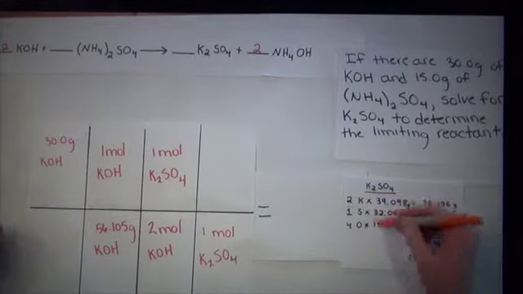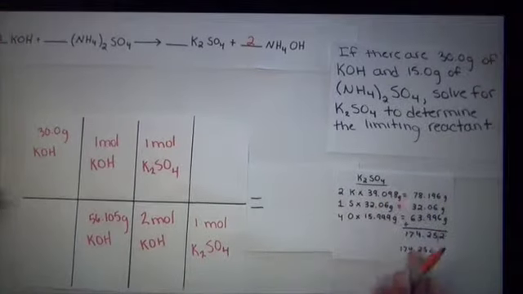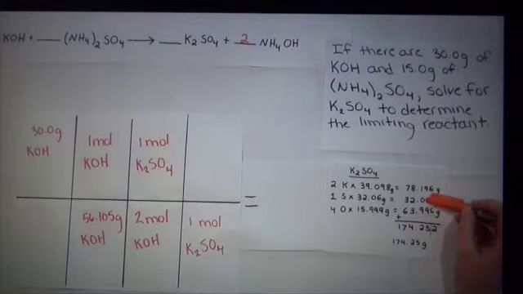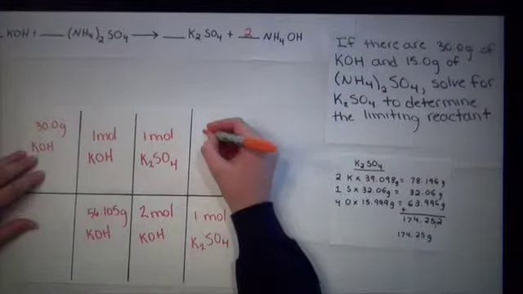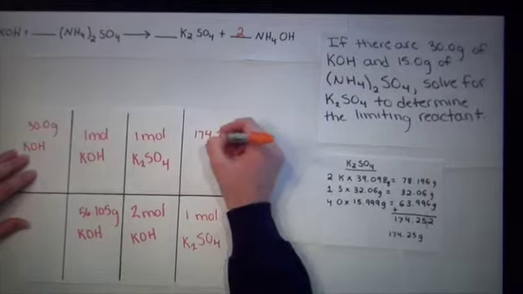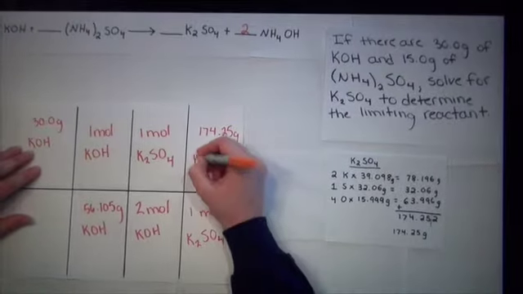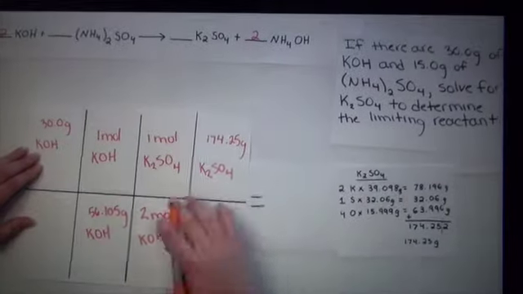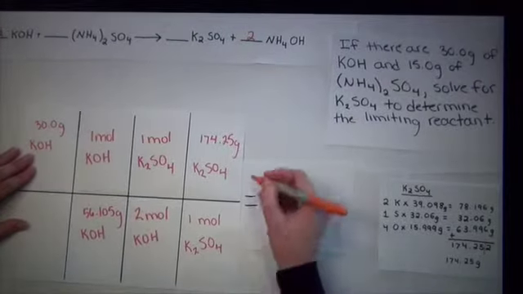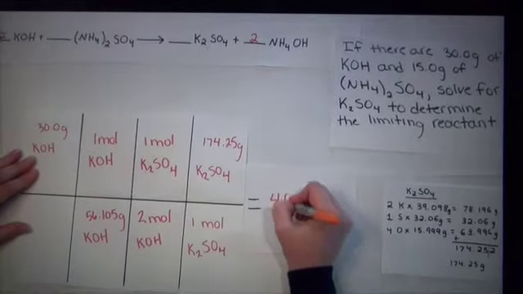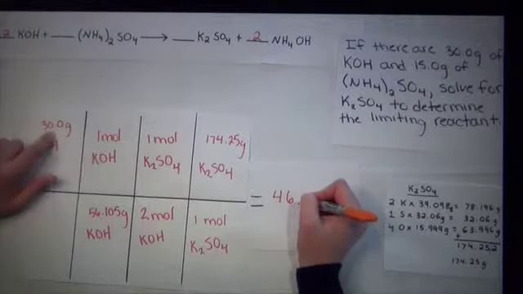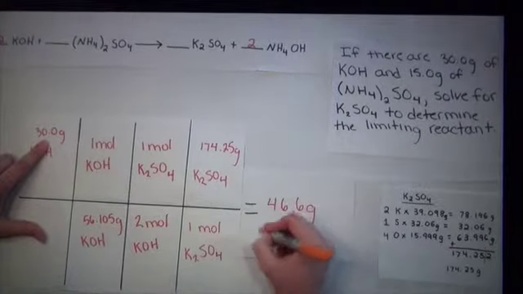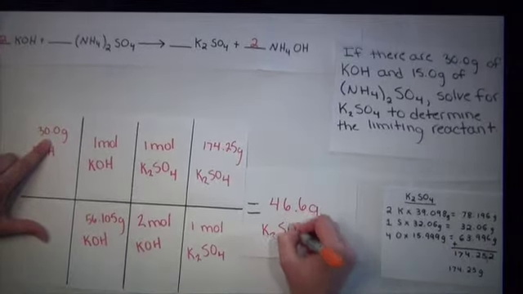So once you multiply it out and then add, we end with 174.252, and then due to sig figs of the sulfur, we end with 174.25 grams of potassium sulfate. Okay, and then once you multiply all this out, you end with 46.58, but due to the 3 sig figs here, we have 46.6 grams of potassium sulfate.